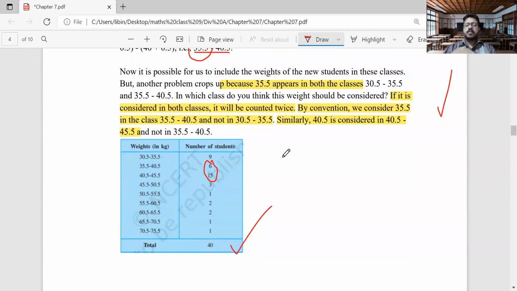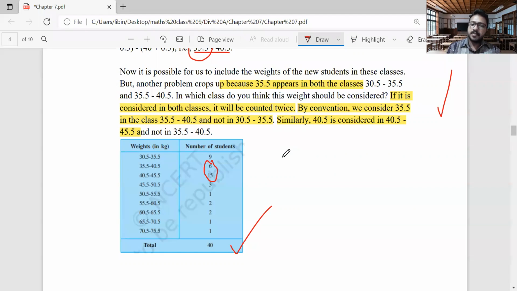But suppose there is another class where the same process happened, and you are asked which class has more students in 50.5 to 55.5, that is, the frequency.